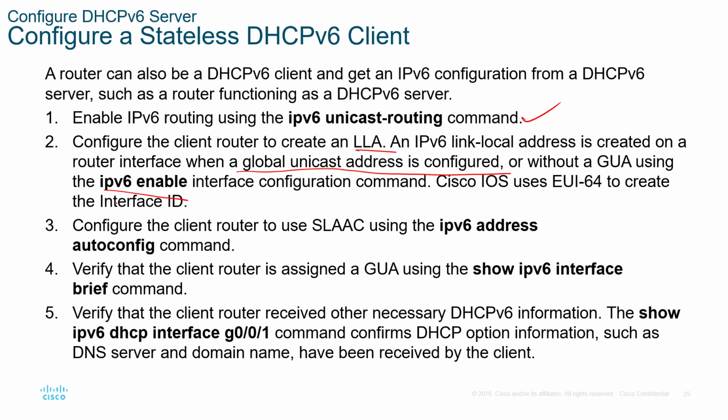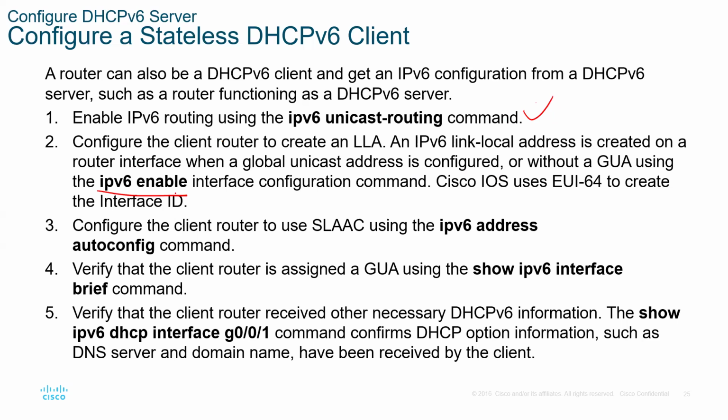So to configure our device as a stateless client, one, we enable the routing. Two, we configure the link local address. How do we configure that? One, you just configure the GUA and we get the link local address automatically from that. Or two, you use this command without creating the GUA.